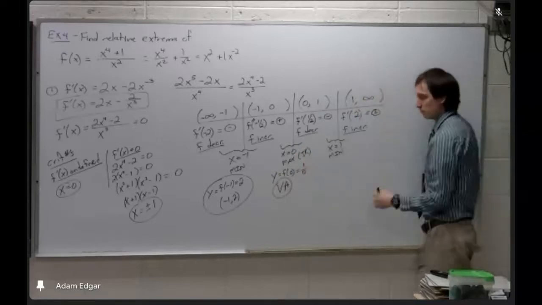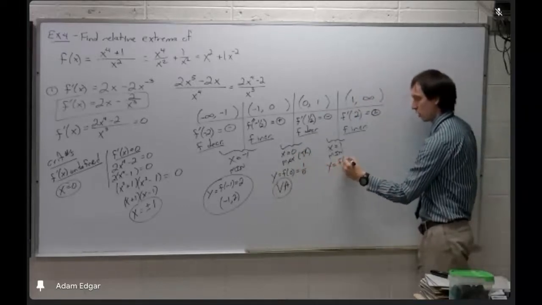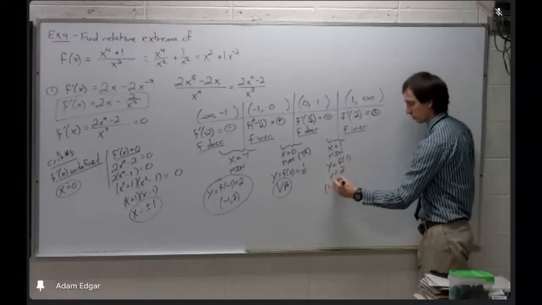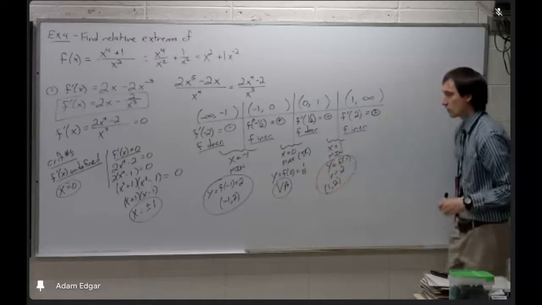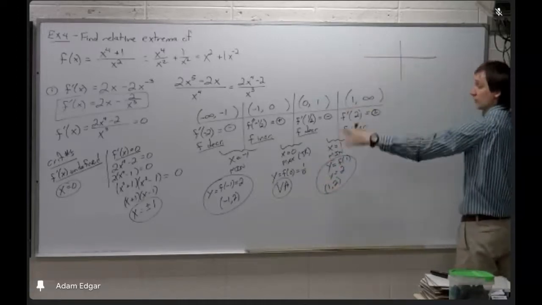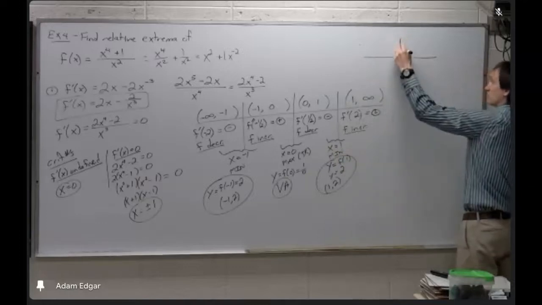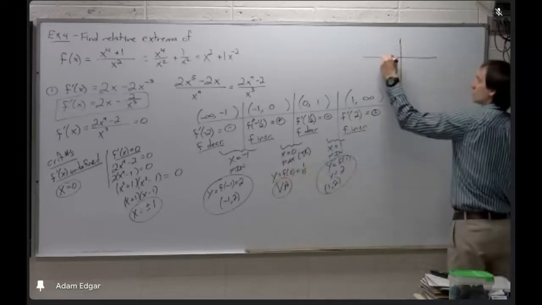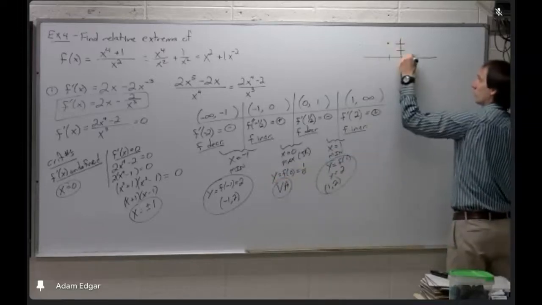Minimum: f of 1 is 2 again. We have 1 comma 2. So if we were to graph this, we have a vertical asymptote at 0. We have a point at negative 1 comma 2. We have a point at positive 1 comma 2.